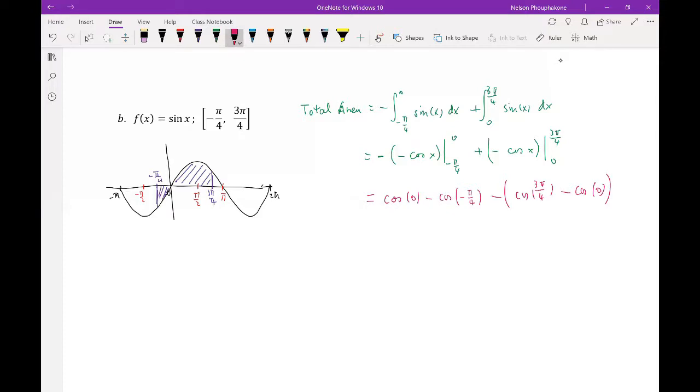We know that cosine of 0 is equal to 1, and cosine of negative pi over 4 is just cosine of pi over 4, because cosine is even. Then 3 pi over 4 is in quadrant 2, where cosine is negative. So I have 1 minus root 2 over 2 plus root 2 over 2 plus 1. So my answer will be 2.